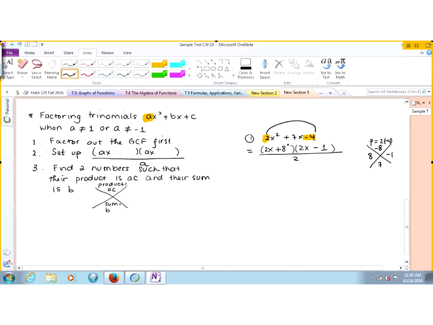So what you need to remember is the setup, and you just need to remember that the product is AC. Now, we have to cancel the denominator, right?